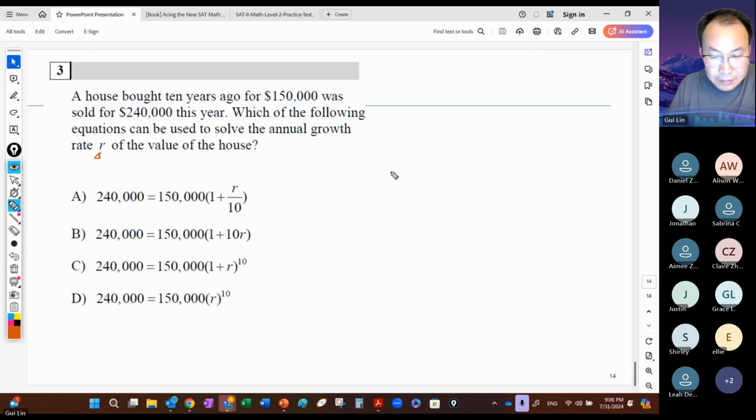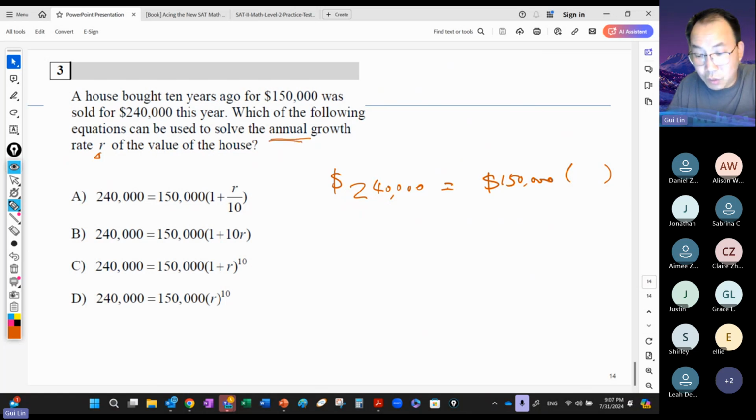Initially the price is 150,000 and right now it grows to 240,000. They call it annual, meaning yearly, so each year it changes. Based on yearly change, the initial price is 150K, and each year it grows by R, just like interest growing, based on x.